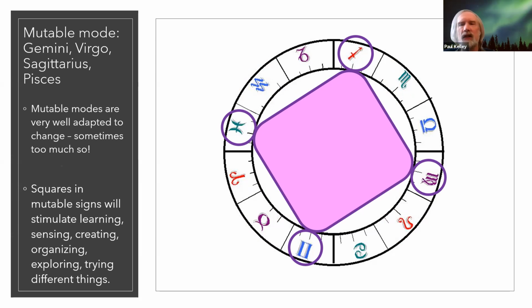Or it may change so often that nothing gets done. So it might not be as productive as a cardinal mode square, but it certainly gets to work on it and finds all kinds of ways to handle situations. It could be through education, it could be through doing something.